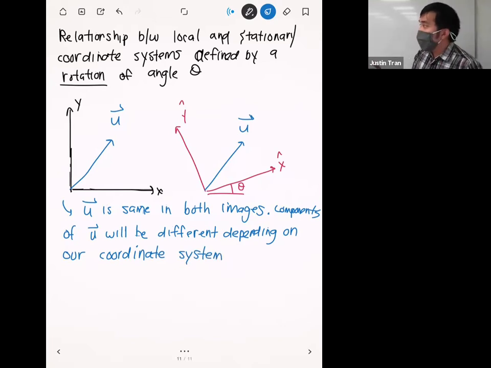But the vector u itself is the same. Whether we represent it in the stationary coordinates or in the local coordinates, u is going to be exactly the same.